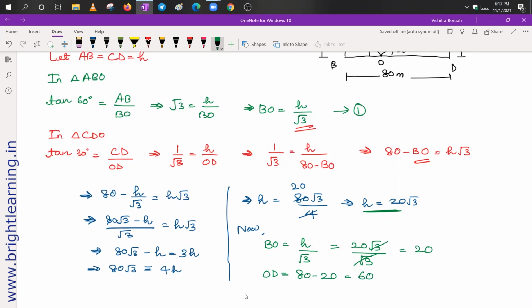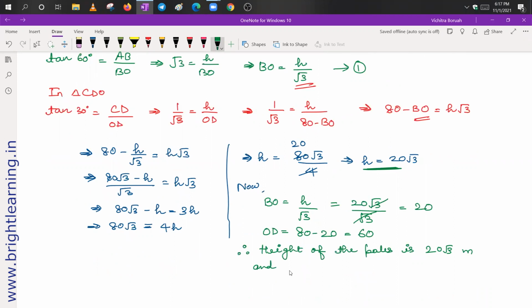So here at the conclusion, you can write that therefore height of the poles is 20 root 3 meters, and distance of poles from the point is, what are the distances? 20 meters and 60 meters.